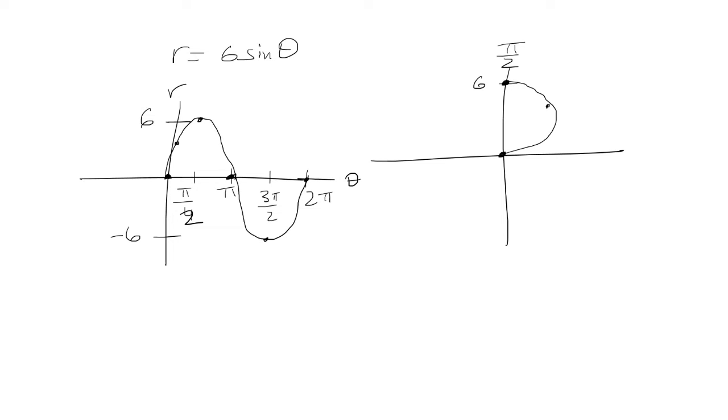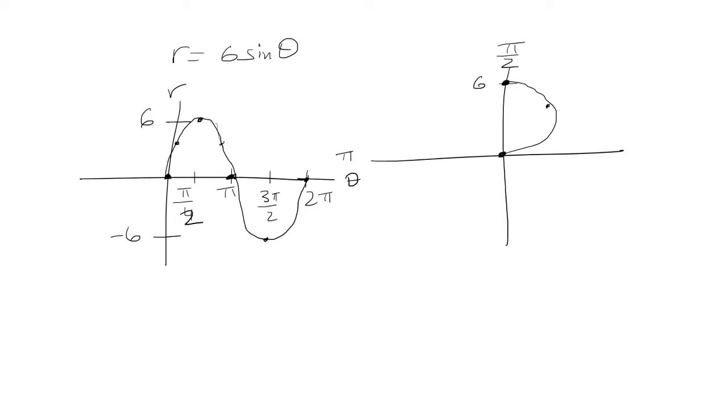Okay, now from pi over 2 to pi, well, I know at pi I'm 0. So pi is over here, it's 0. So pi over 2, we're up here, and then we go down to here. So the radius now, or r, is decreasing. Theta is still increasing, but r is decreasing.